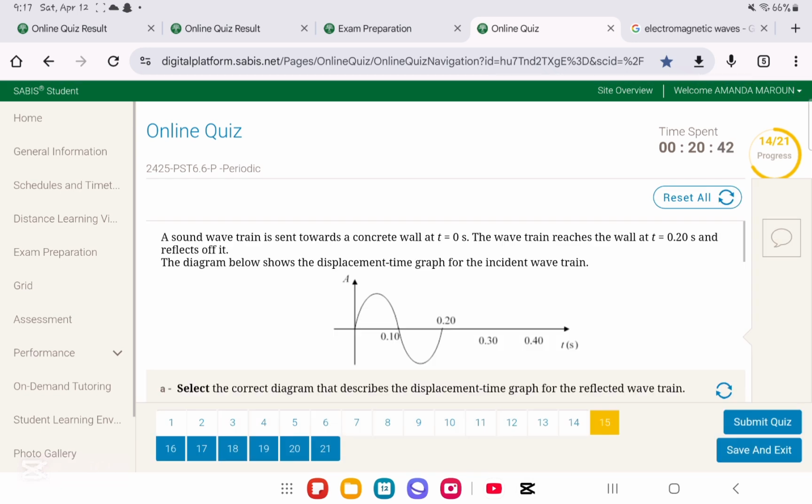In question number 15, they told us a sound wave train is sent towards a concrete wall at time 0 seconds. It reaches the wall at 0.2 seconds and reflects off of it. If it reflects off of the wall, that means the diagram is also going to be reflected in this manner. So take 0.2 as the wall, it will come like this, and then it will be reflected on the other side.